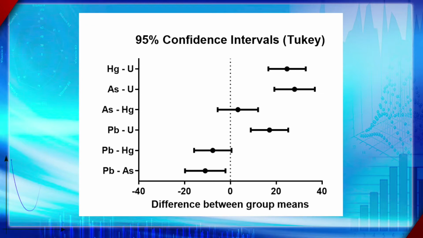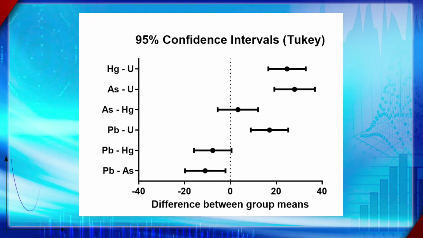The fourth one is lead versus uranium. Again, it doesn't include the null hypothesis. The fifth one is lead versus mercury, yes. The null hypothesis dashed line passes through the 95% confidence interval. So lead versus mercury is also not significantly different.